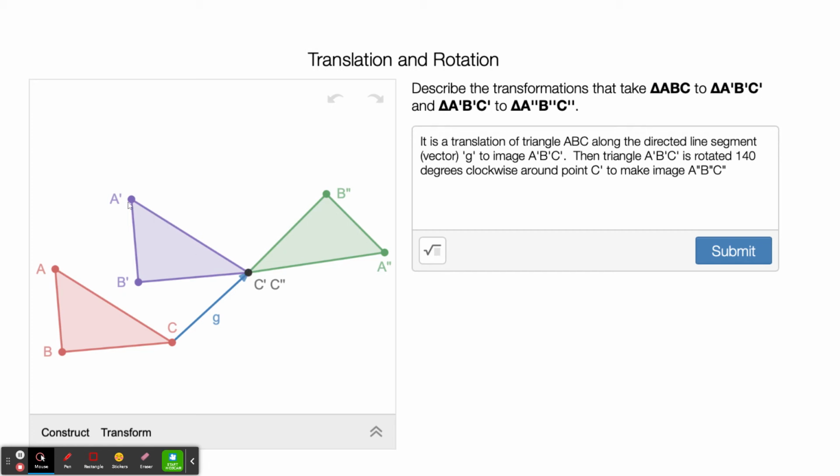So you do have to double check that, and that was a 140-degree angle. And since I'm rotating it this way, I'm going in this direction, that's clockwise, so I have to use a negative 140 to get it there. You might even add that to your description.